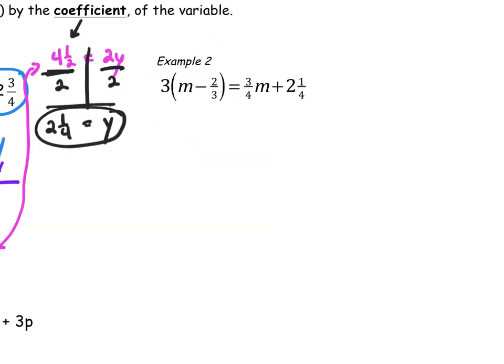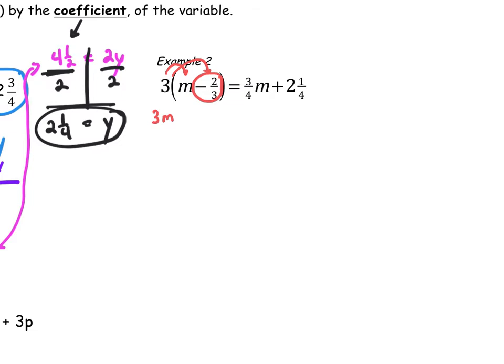Step 1 above says that we should release the parentheses by using the distributive property. And so on this first side, we're going to take 3 times m, which is 3m. And then 3 times, here's where we need to be careful with the signs, negative 2/3.